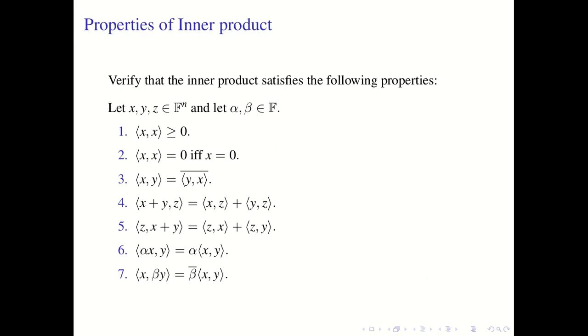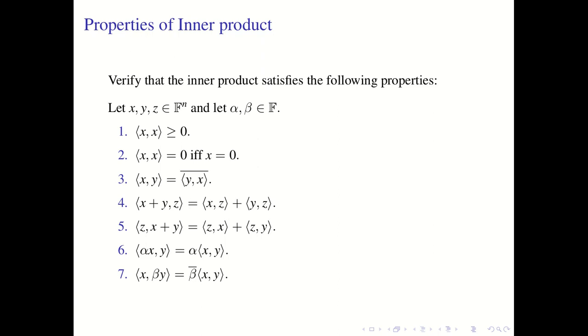The inner product satisfies some very basic properties, all of which follow from the definition. For any x, y, z in Fn and alpha, beta scalars in F, you can see that the inner product satisfies all those 7 properties that are listed.